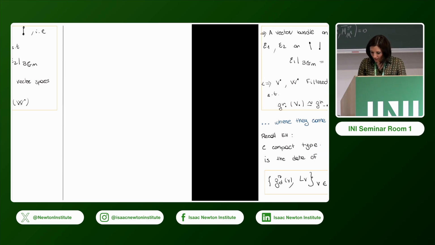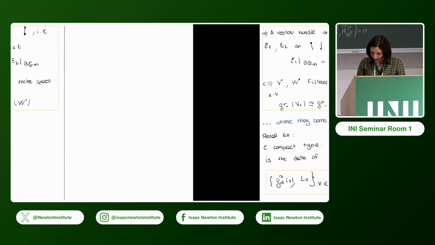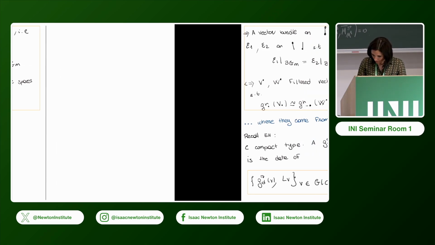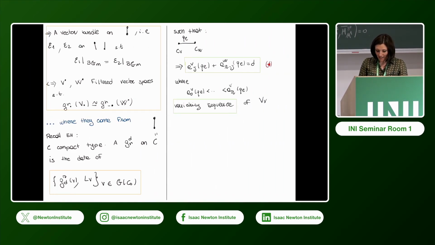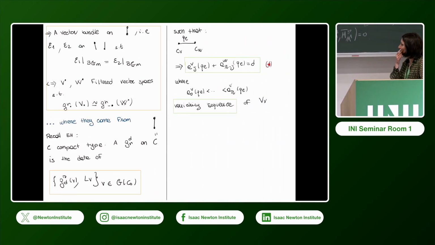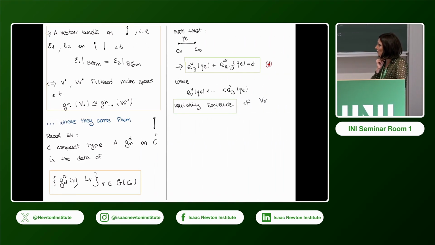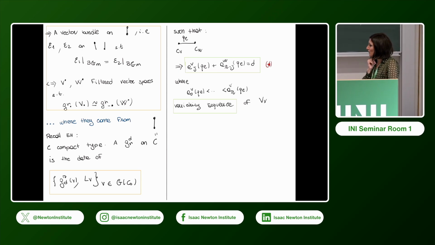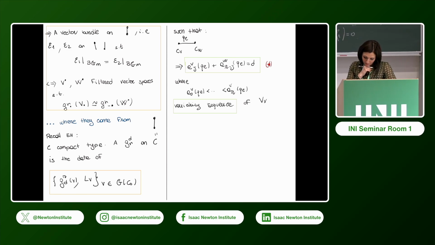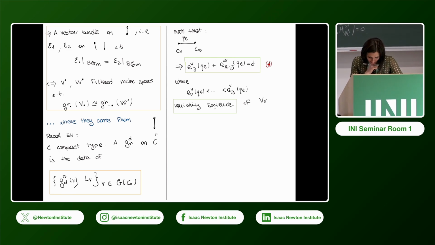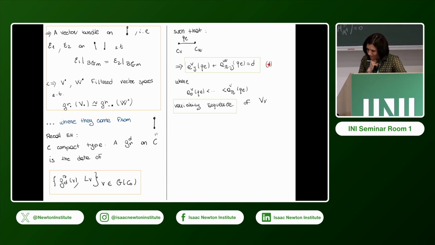And okay, maybe I told you now what homothety vector bundles are, but I still have to convince you that it's something very natural. I really want to tell you where they come from, and actually they come from something very classical.